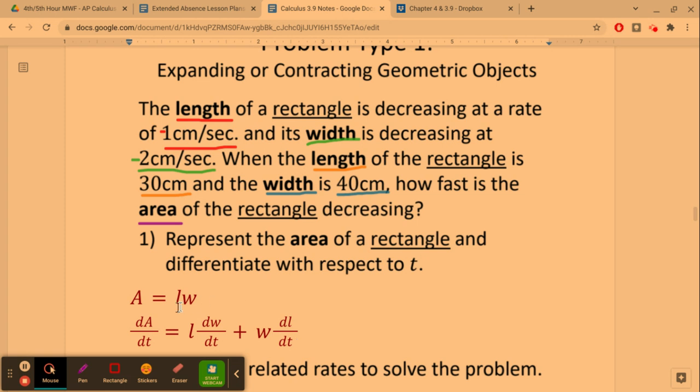It's important that we remember product rule, all right? So we have product rule here. We are multiplying L by W. I might have said chain rule before. I meant product rule, okay? And what's tempting is to say dA/dt is equal to dL/dt times dW/dt, but that is not true. It will get you the wrong answer. That is not how we know how to take derivatives.